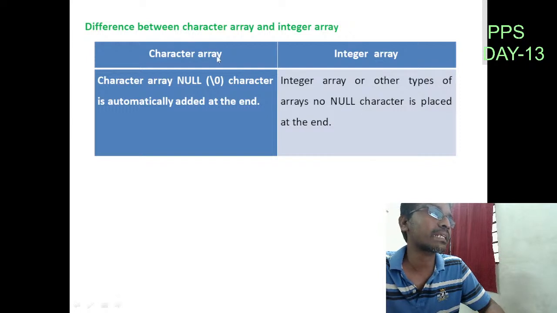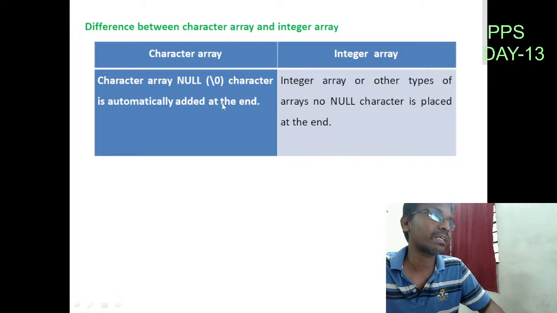Whereas a character array contains only characters. For storing characters, you need one more space for storing the null value. At the end of the characters, a null character will be stored, whereas at the end of an integer array there is no null character.